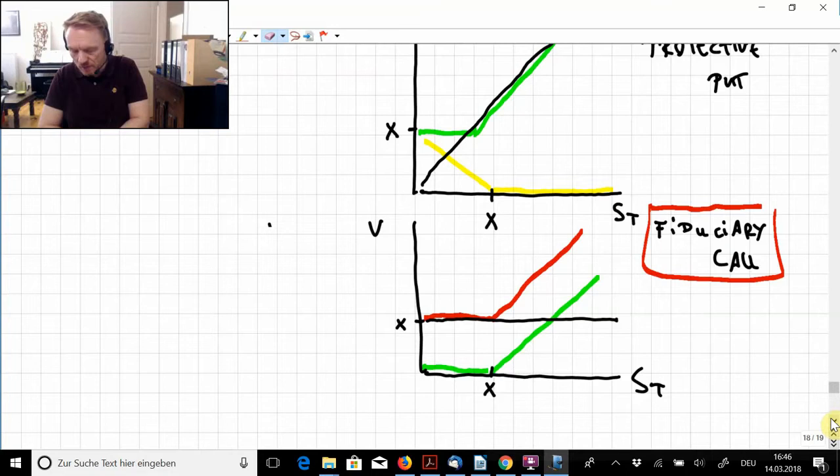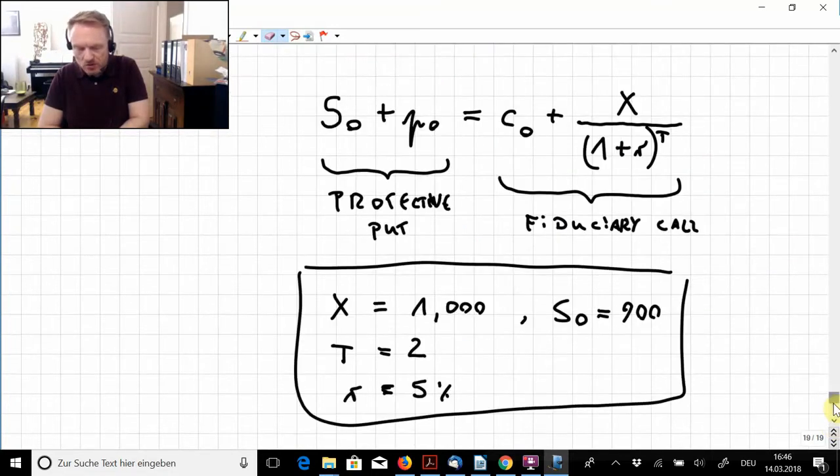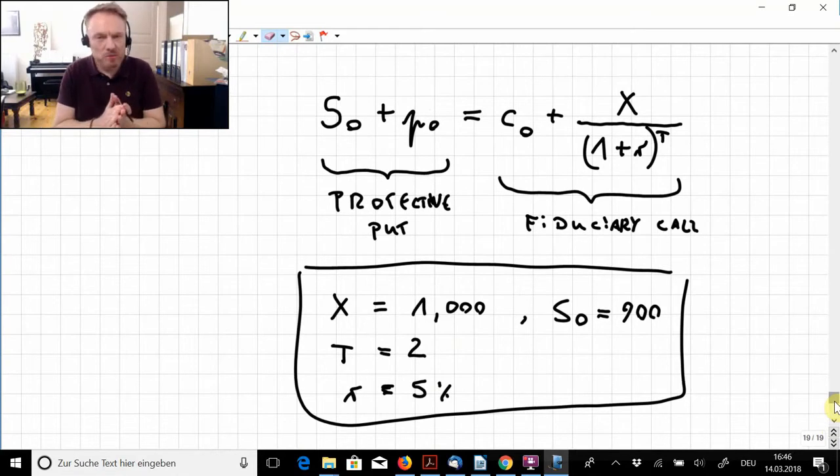That's why this equation holds: S0 plus P0 is equal to C0 plus X divided by (1 plus R) to the power of T. So the value of the protective put right now equals the value of the fiduciary call right now.